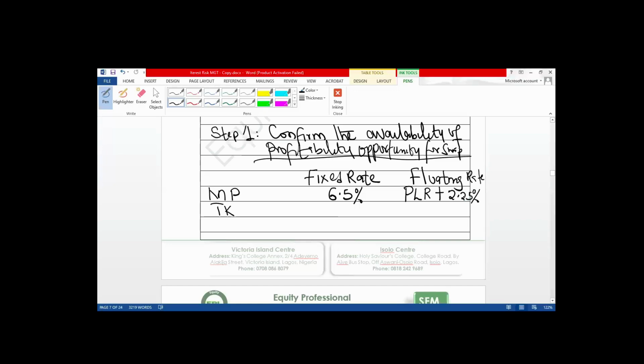For TK, this company is rated BBB, this company is rated AA. Fixed rate 5.5%. Floating rate, prime lending rate plus 1.50%.